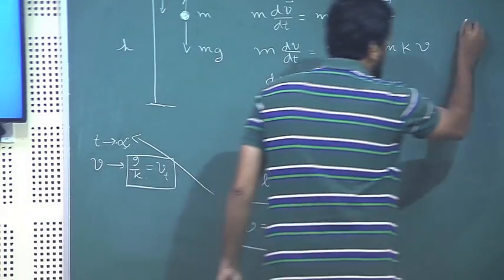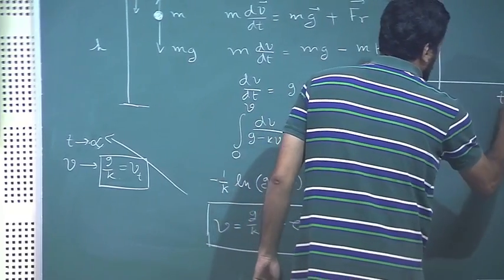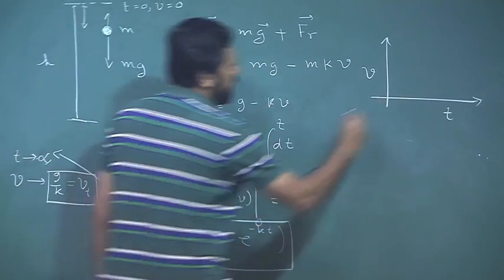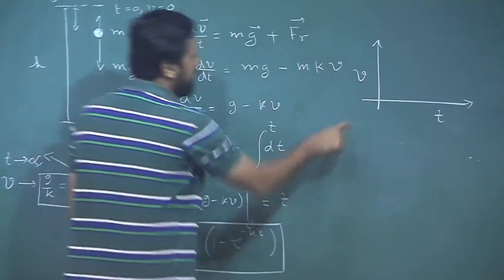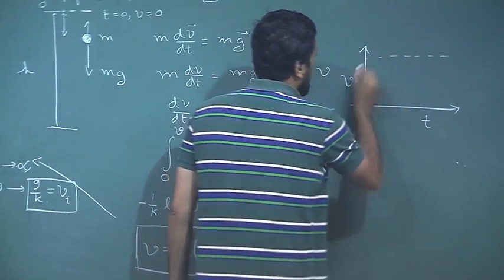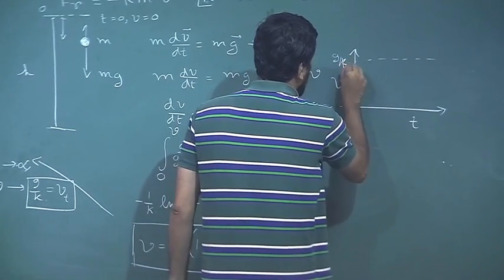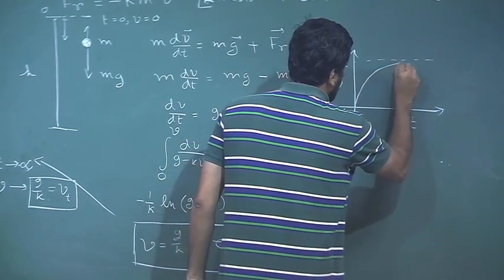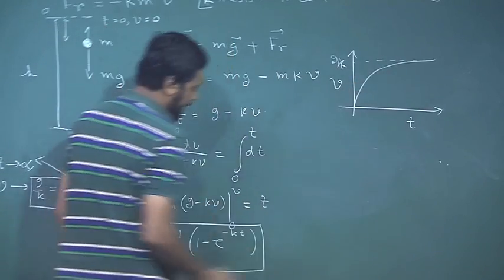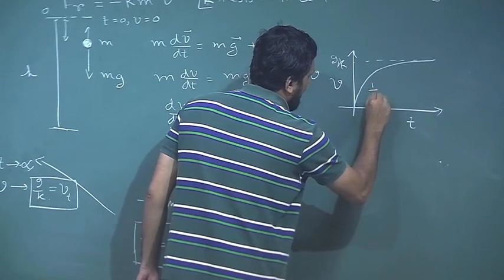Now, this is terminal velocity, and terminal velocity is reached by this exponential function. So, if we plot t versus v, this plot will look like something like this. Please remember that at t equal to 0, v equal to 0, and at t equal to infinity, this will level off to g by k. So, your plot will be something like this, and the time constant for this exponential growth is 1 over k.